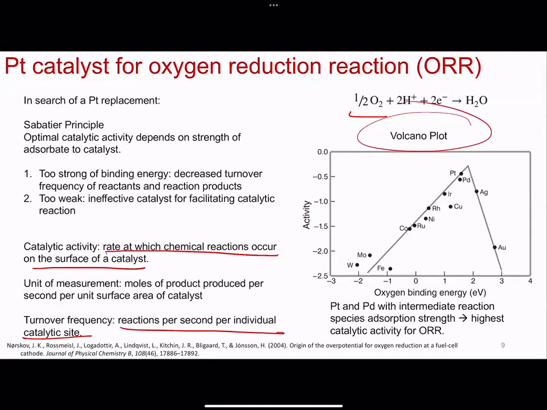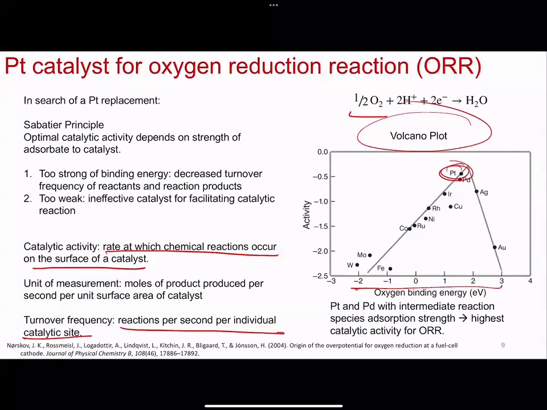So this is the Sabatier principle. This is what's called the volcano plot. Platinum is high up there. You can see here the activity is highest for platinum, and the oxygen binding energy is on the x-axis. So in catalysis, this is what people strive for: is there some quantitative metric where I can pinpoint and basically make a volcano plot and say, well, there it is, there's the happy middle?